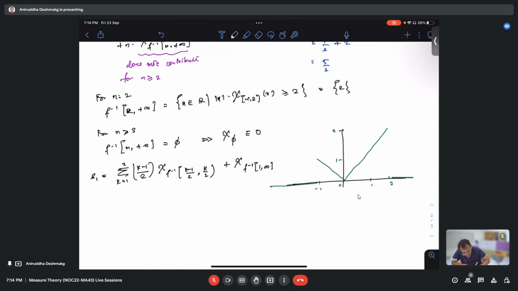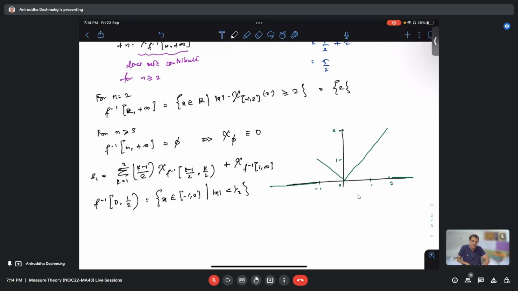Okay. So first, when k is equal to 1, f inverse of [0, half). This is all those x in [minus 1, 2] such that mod x is less than half. It is already bigger than or equal to 0, so we don't have to worry about it.